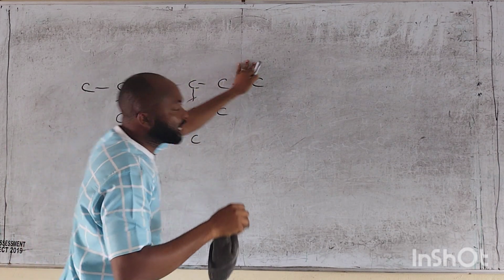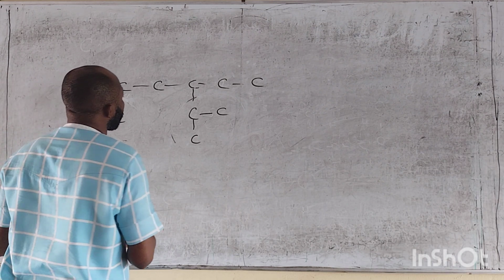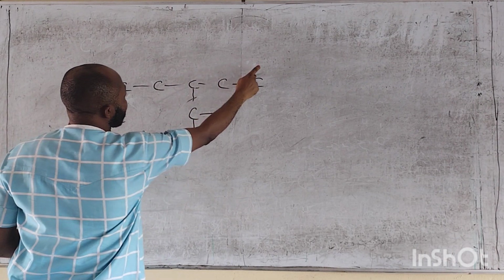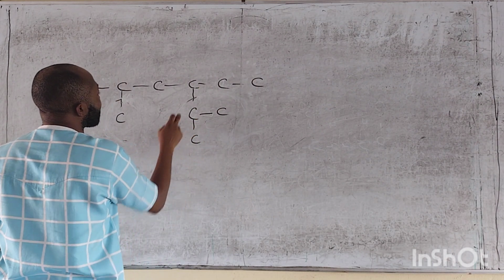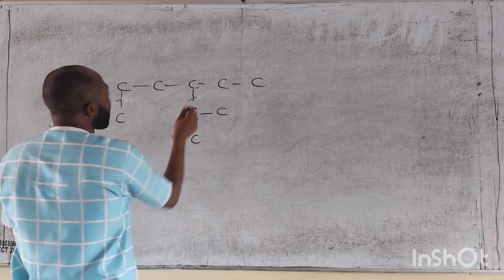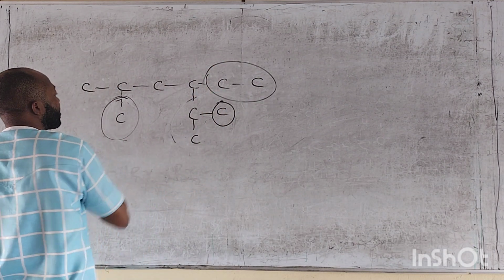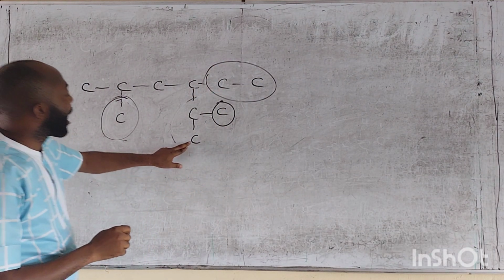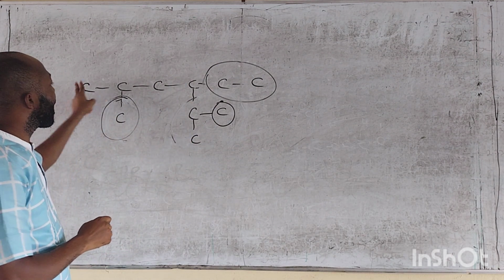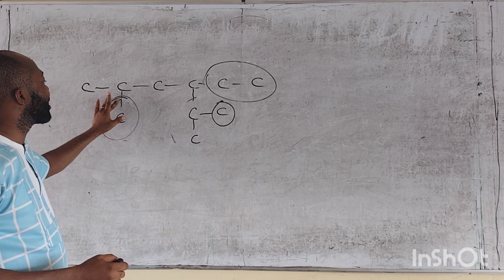If this is my parent chain, presumably, I'm counting. Now, if I come from 1, 2, 3, 4, 5. Okay, this is not even complete. 1, 2, 3, 4, 5, 6. Okay, this one is also 6. Now, the substituent is 1, 2, and 3. So, if I come from here downward, I have also 6 like the other one, and the number of substituent increases.